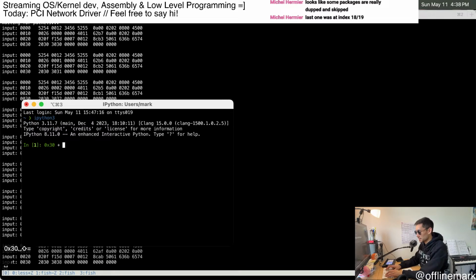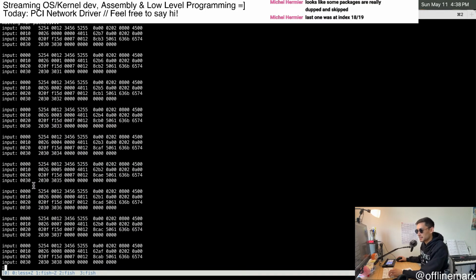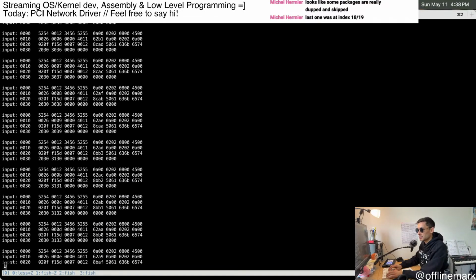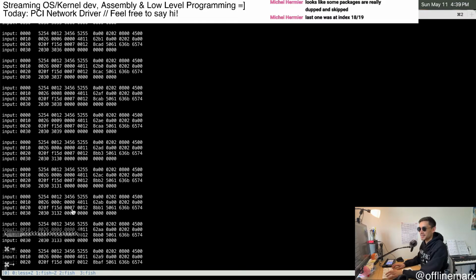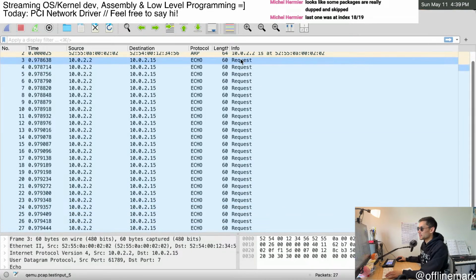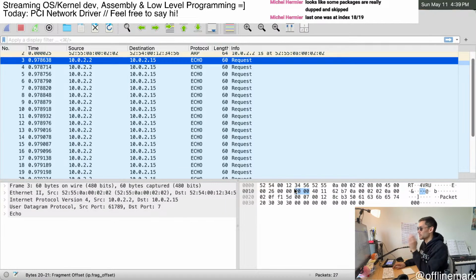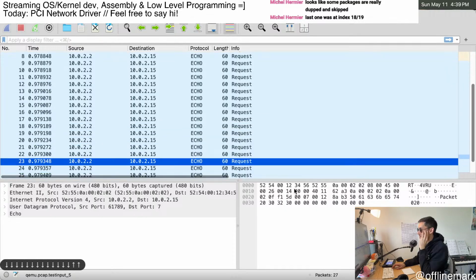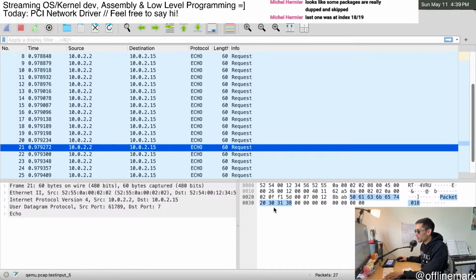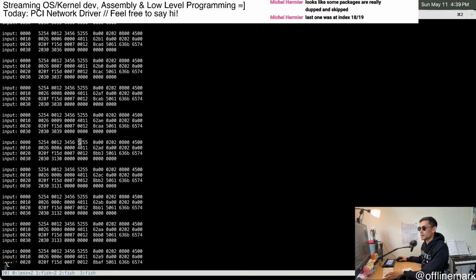Hex 30 plus hex 18 is hex 42. Did I do something stupid? The easiest way is probably just to look right here. So it's this 3138 thing. That's the thing to look for.